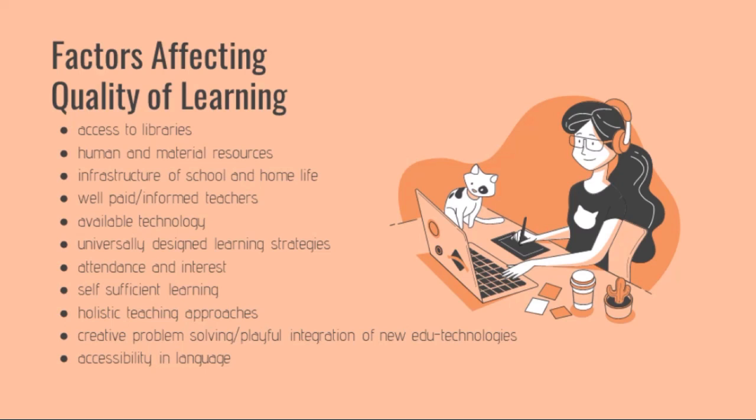Factors affecting quality of learning: access to libraries, human and material resources, infrastructure of school and home life, well-paid and informed instructors, available technology, universally designed learning strategies, attendance and interest, self-sufficient learning, holistic teaching approaches, creative problem-solving and playful integration of new educational technologies, accessibility in language.